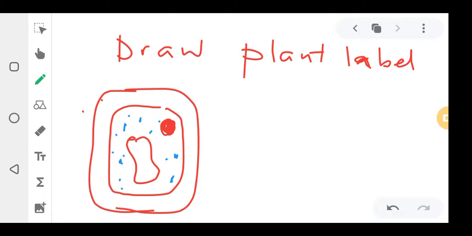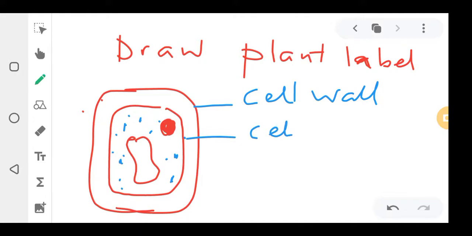So if they ask you to label it, this outside part is called the cell wall. It's a wall outside. And then the second circle is the cell membrane. This one in red is called the nucleus.